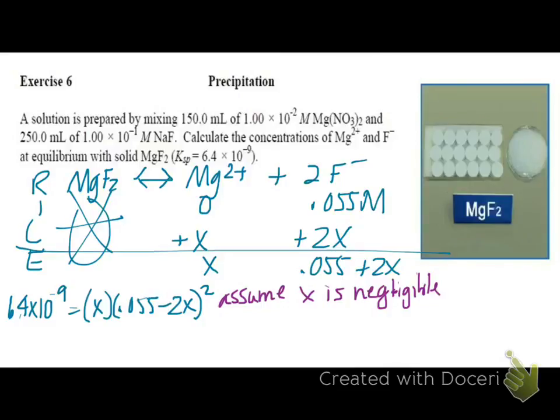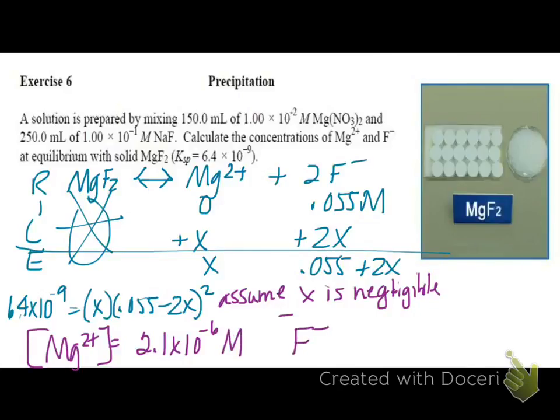So then we're going to do our math, and I'm running out of room, so I'm going to trust that you can do the simple algebra. We will get that magnesium at equilibrium concentration is going to be 2.1 times 10 to the negative 6, which is going to be our x value, molarity, and fluorine is twice that because of the 2x, 5.50 times 10 to the negative 2.